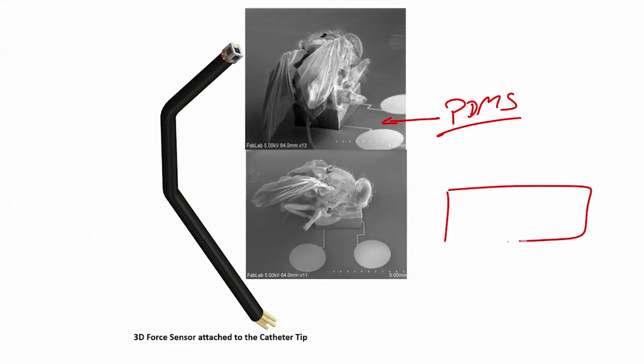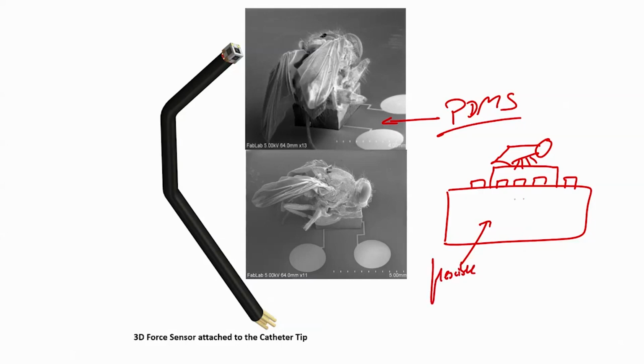So, if I just draw a cross section, there is a strain gauge and there is a cube, right. You can only see one contact if I draw a cross section, or you can see both contacts, does not matter. So, on this the house fly is sitting, okay, and this is a flexible material, the substrate is flexible.